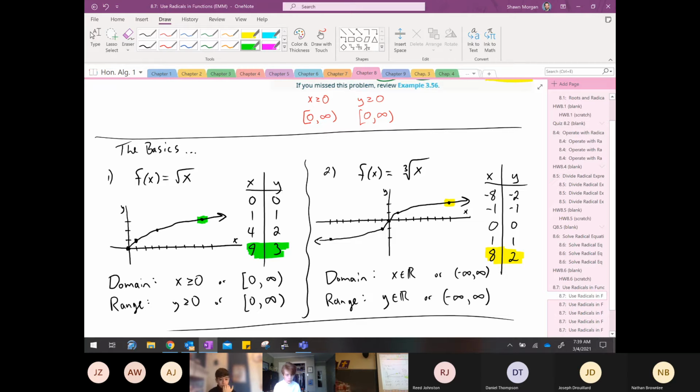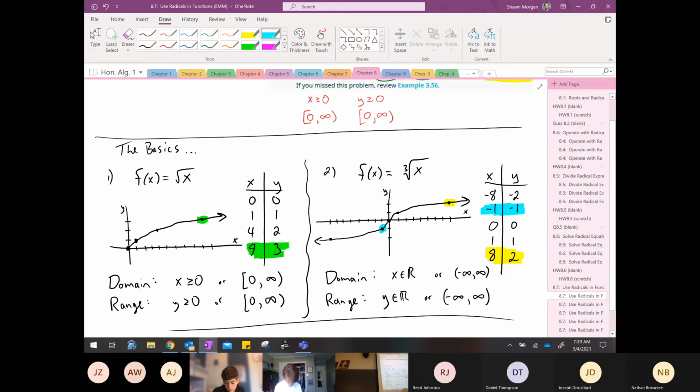And the major difference between the square root function and the cube root function is the fact that you can take the cube root of a negative. You cannot take the square root of a negative. All right, so like in blue there, look what I highlighted in blue. The point -1, -1. What's the cube root of -1?